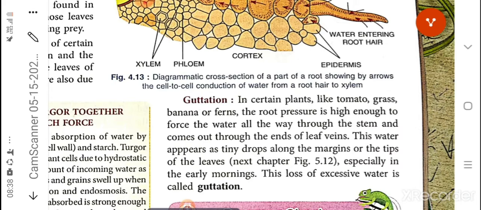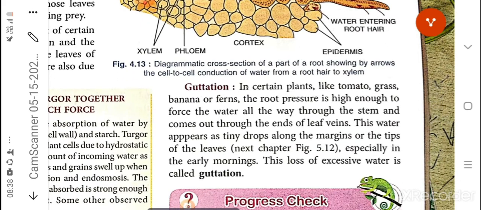Next, another term is guttation. So what is guttation? In some small plants like tomato and grass, and in fern, and sometimes in banana, the root pressure is very high to pull the water through the stem and to the leaves.